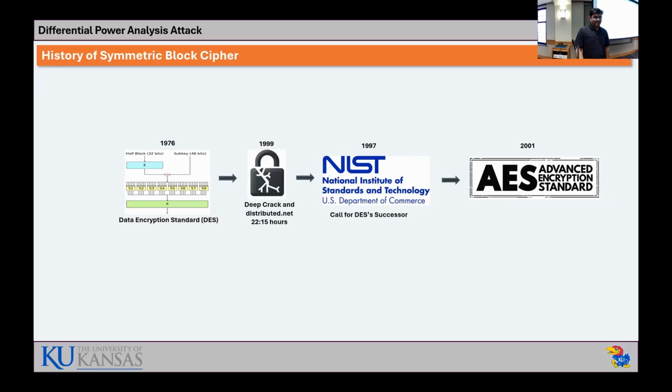And then finally, NIST proposed AES, the Advanced Encryption Standard, as a certified encryption engine for every kind of secure protocol. After that, till now, we are using AES, and all secure communication is encrypted with AES.